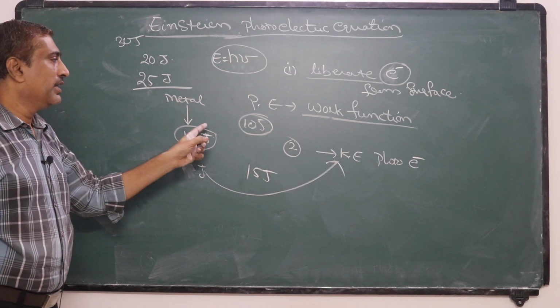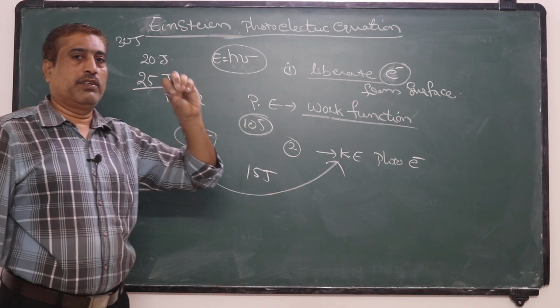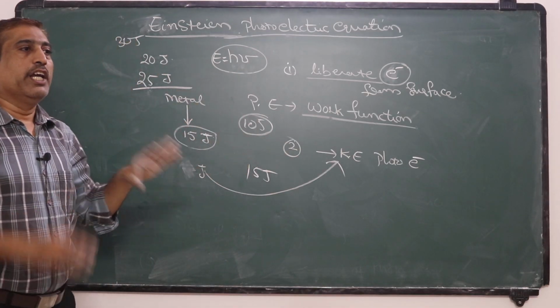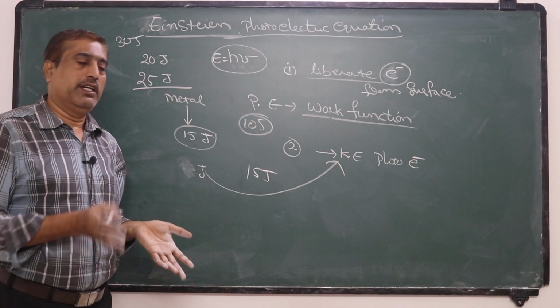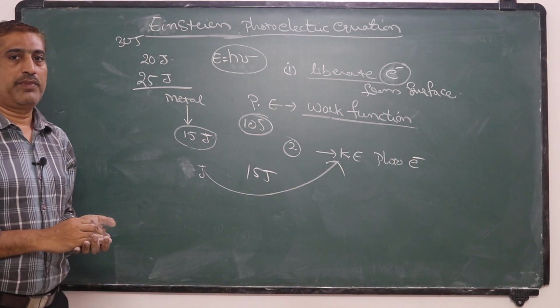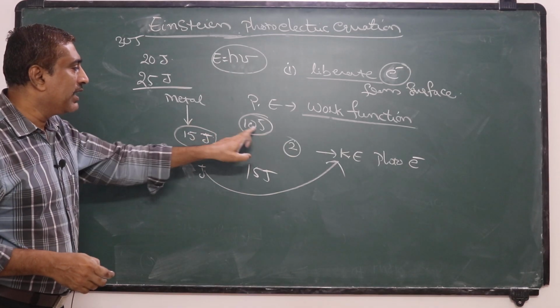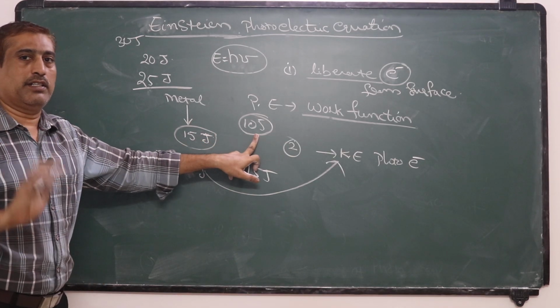Okay, understand? Suppose the minimum amount of energy required to liberate an electron from the metal is 15 joule. If we supply the same 15 joule, the electron liberates from the surface. If we give an amount less than that, electrons are not emitted.